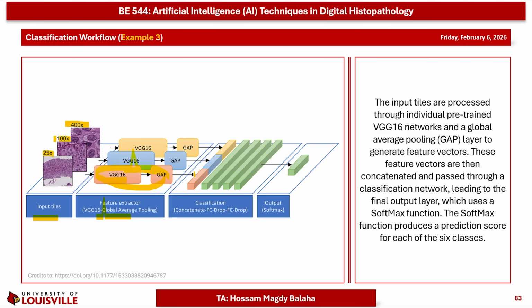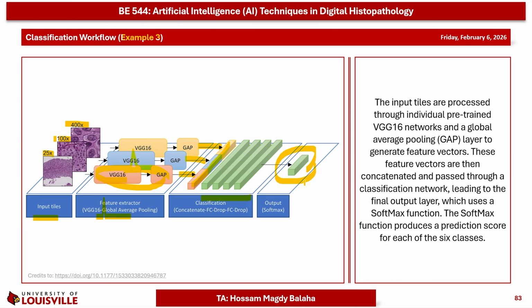So we extract features from each magnification level, and then they are combined into a layer so that all of the features from the different magnification levels are concatenated together, and then perform the classification to get the output in the output layer. So instead of depending only on a single magnification level, as we saw in the first two examples, here the authors got the benefit of using the different magnification levels.